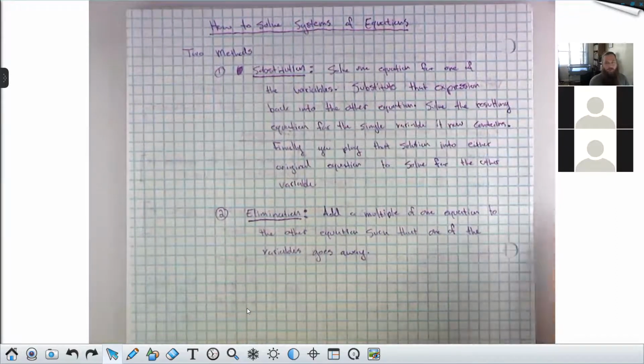So that will give you an equation with a single variable. If one of the variables goes away and you previously had two variables, then now you have one variable.